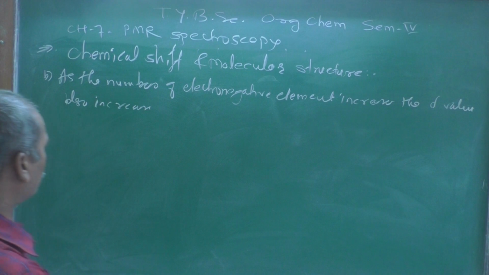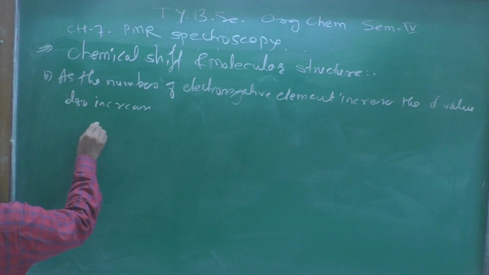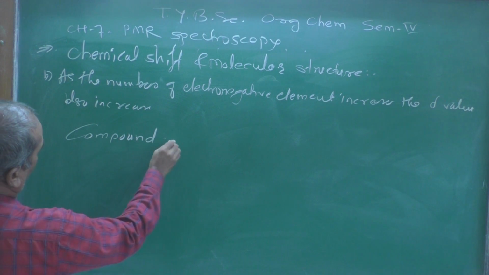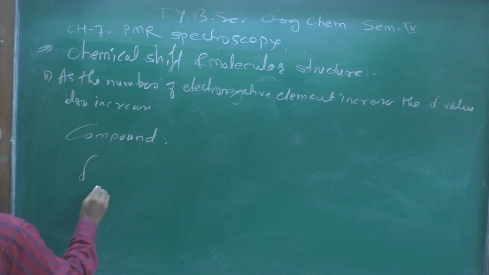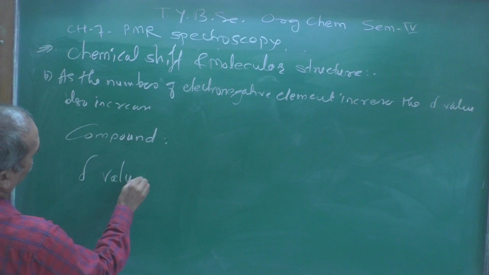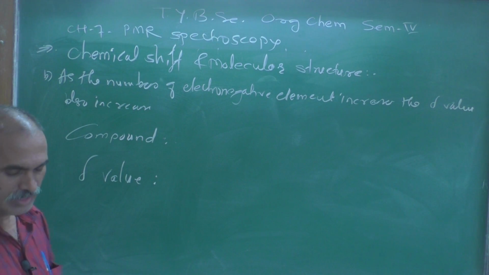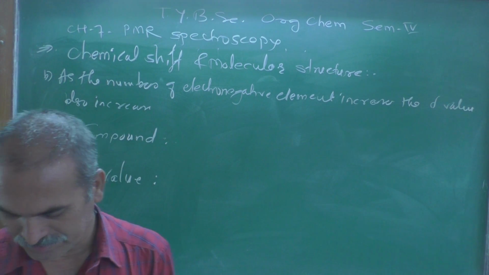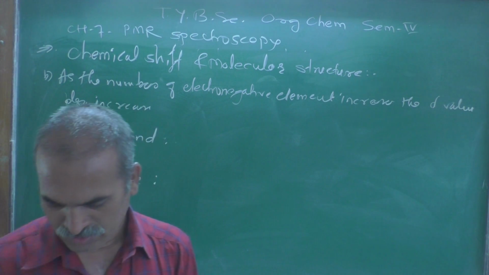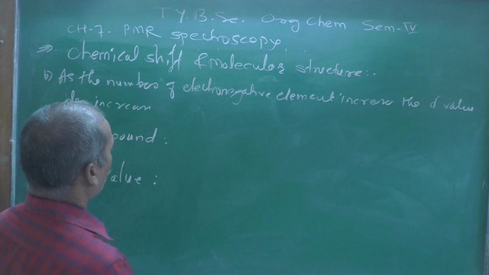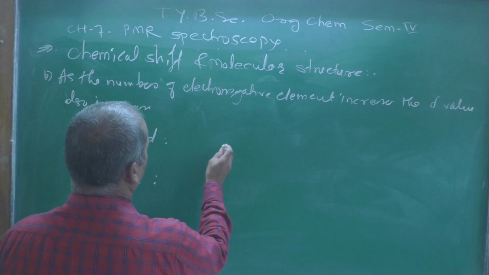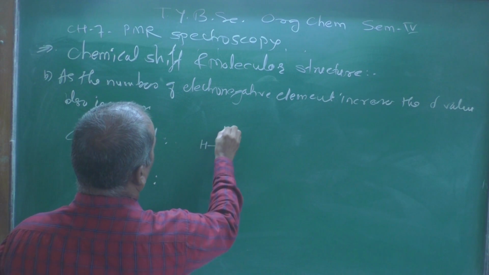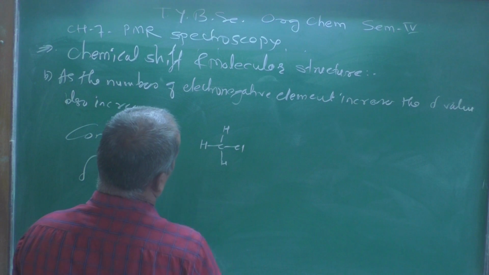Compound and delta value. Let me write the compound here, and the delta value is shown here. According to the above sentence, the compound is methyl, H3C, and here Cl.